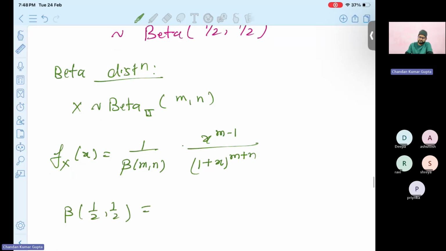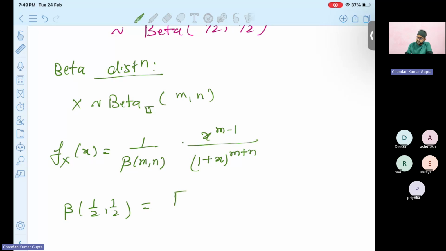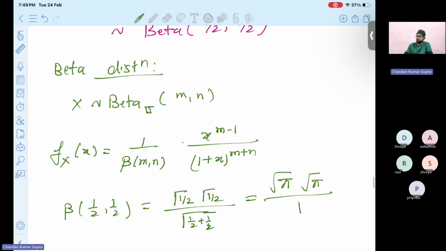The beta function has value gamma half gamma half upon gamma 1. Gamma half value comes out to be root pi, and gamma 1 comes out to be 1.